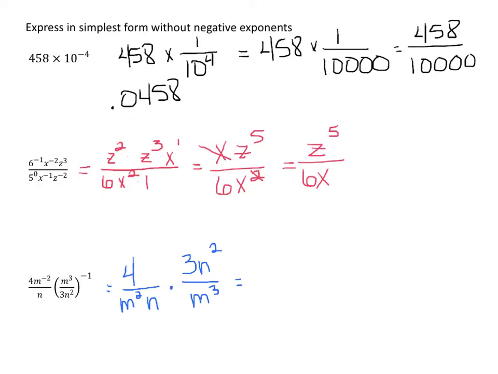That will be 4 times 3, which is 12. 12n squared over m to the 5th power, and I got that by multiplying m squared times m cubed times n. So if I look in the numerator and denominator, there's an m in the denominator but not the numerator. There's n squared here, n here. So this will cancel, and I will get 12n over m to the 5th power.